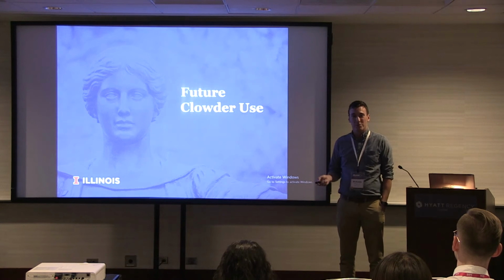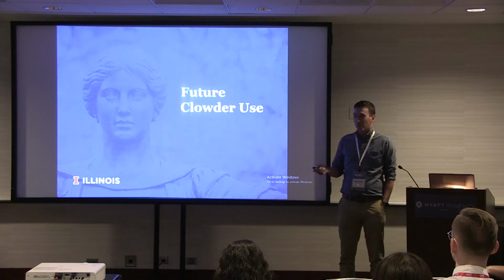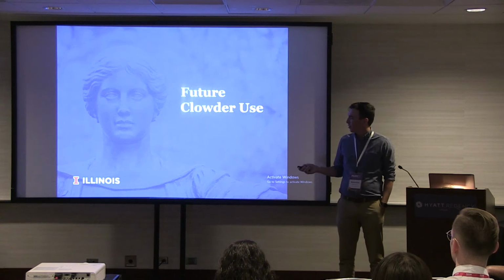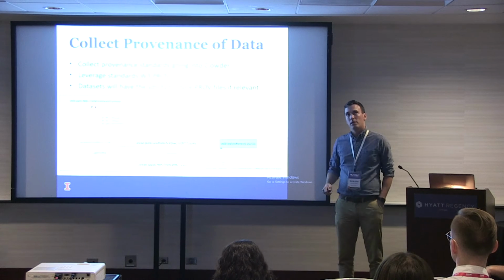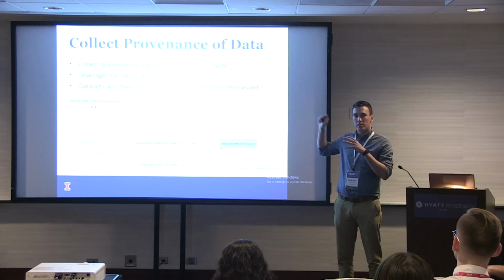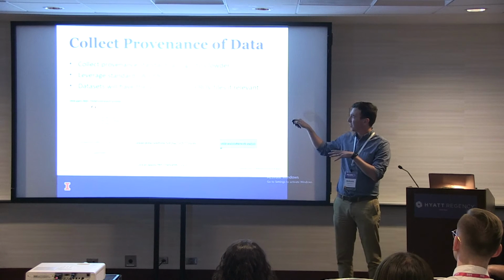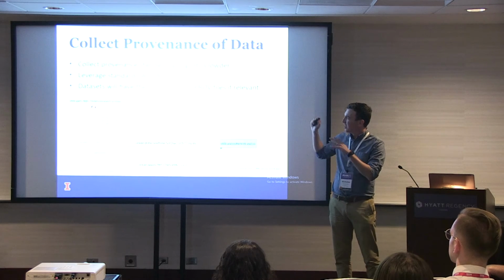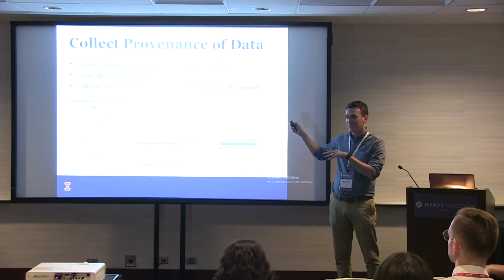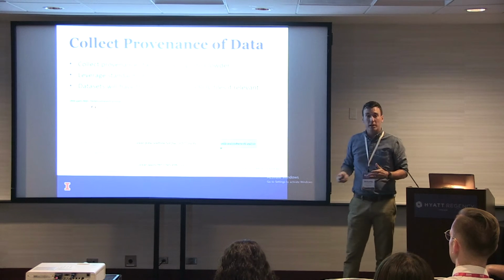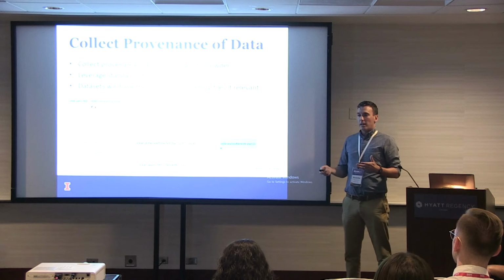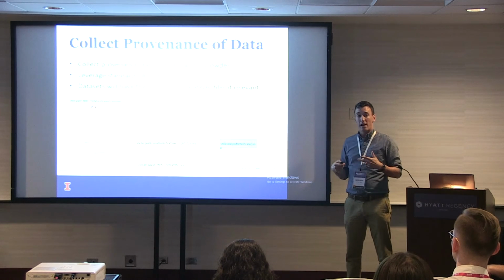It's a fairly simple use of it currently, but we are working to build a lot more complex uses for Clowder within our tool. And the onus for that is this provenance. So this is something Luigi is working on with us. So if you have questions about it after I get past it, I'm going to make him come up here and answer them. So as you are working on any analysis within the macroscope, we are working on a system to be able to track how that's happening.